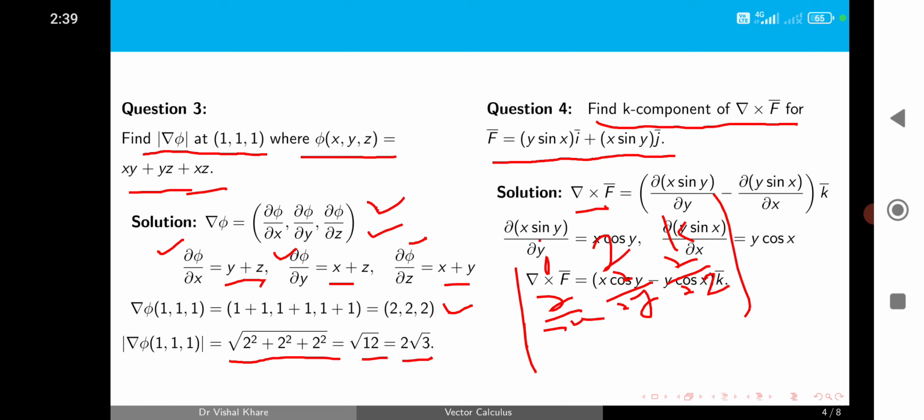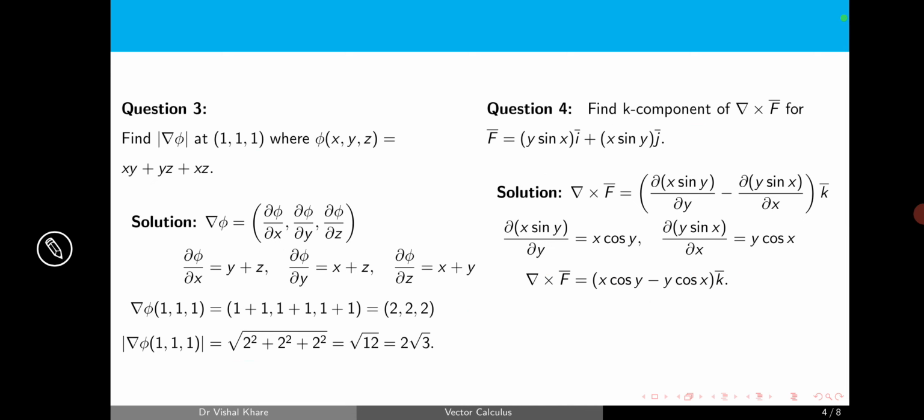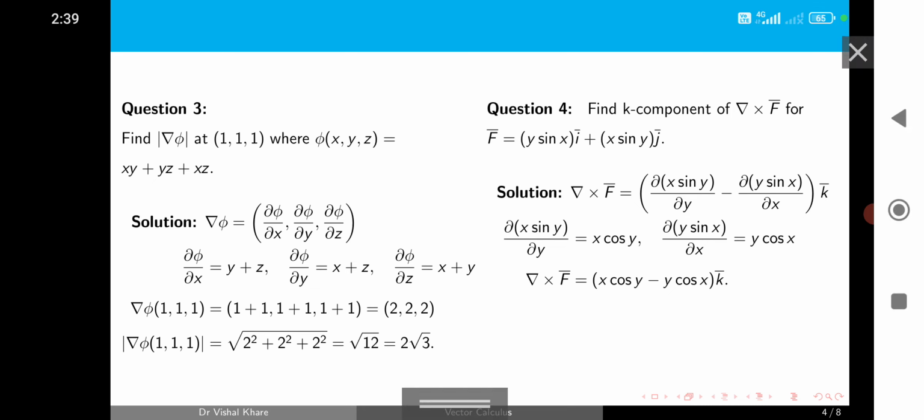In this case, it will be y sin x, and the second component x sin y, and the third one is 0. So you can solve this determinant, and solving this determinant you will get the value (x cos y minus y cos x) k bar. So this is the k component.